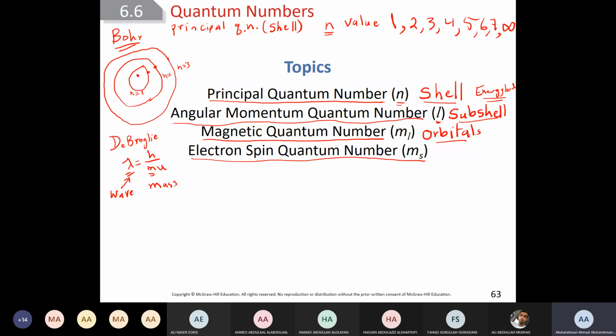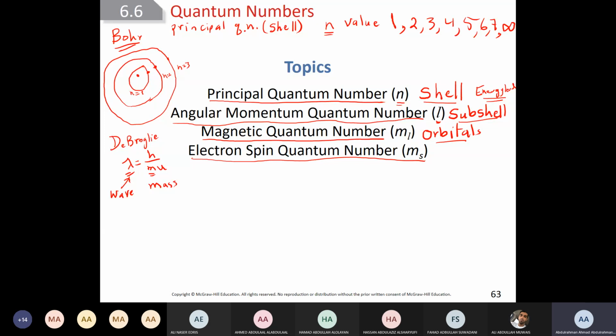So if you are 20 kilos and you're moving at a speed of 20 kilometers per hour, then I can tell what's your wavelength. Is this clear? What does that mean?